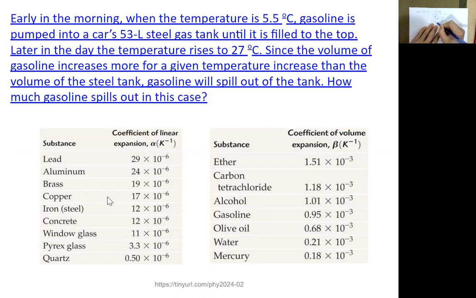Beta of gasoline is in the next table, and this time it gives you the volume expansion coefficient already. Then you compare delta V for the steel tank and delta V for the gasoline. The difference of the two will be your spill amount.